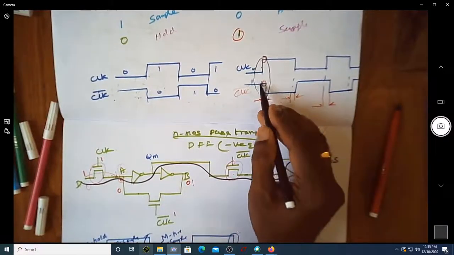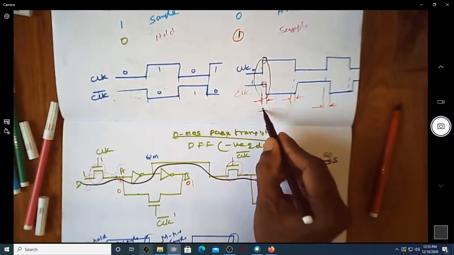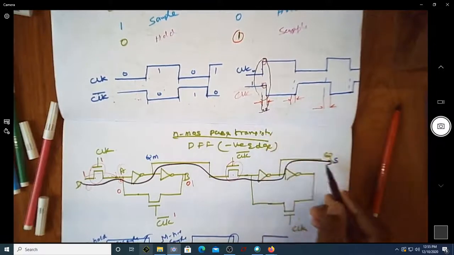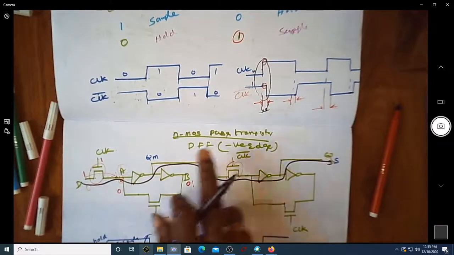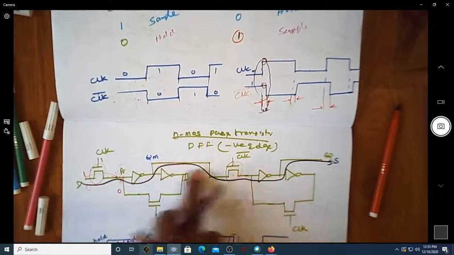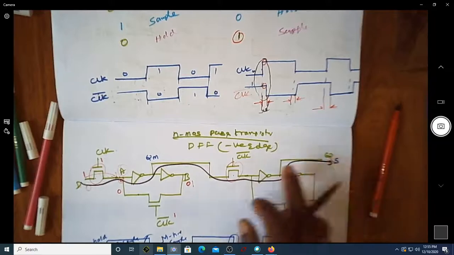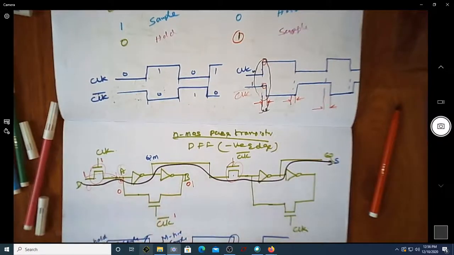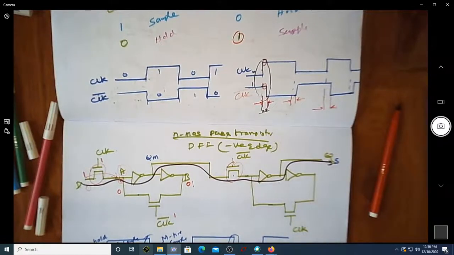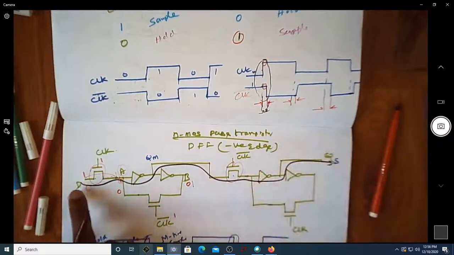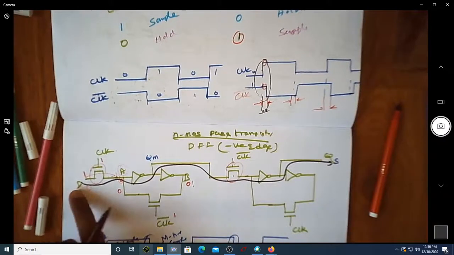Assume that during the period of this overlapping, that is when both are 1, your D keeps on changing. Then this QS also tends to change in the same manner, because during that period both transistors are on, and QS is in race with your D input. This race condition means the output tries to change as your D input changes, which should not happen.